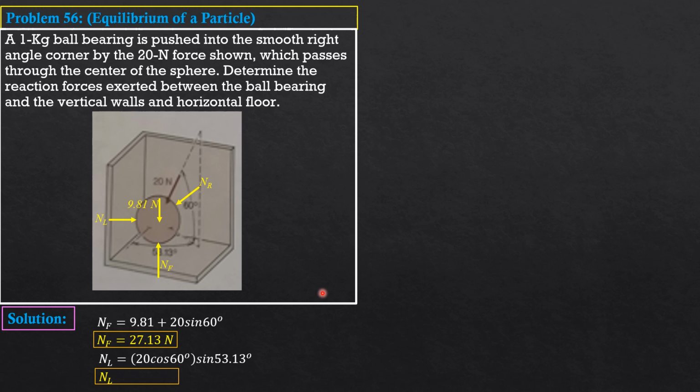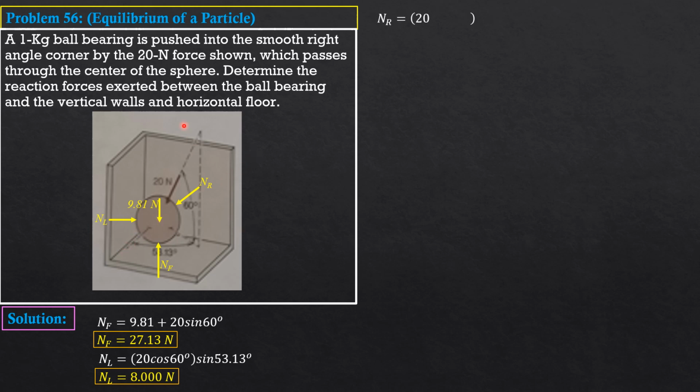So NL is equal to 8.00 newtons. Then for N at the rear wall, 20 cosine of 60, that's the force. Then we multiply it further by cosine 53.13 to compute NR. So that's the component of the force pushing the ball backward.